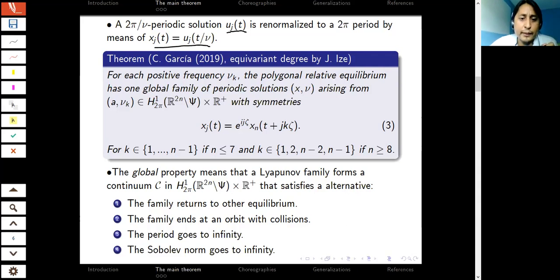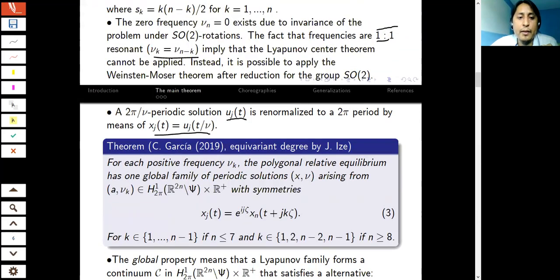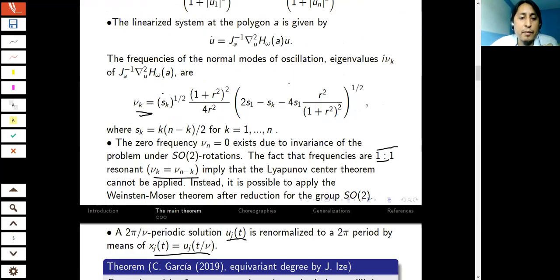So what is the main theorem? For each positive frequency nu of k, why positive? Because this needs to be real; if it is imaginary, then this is complex.